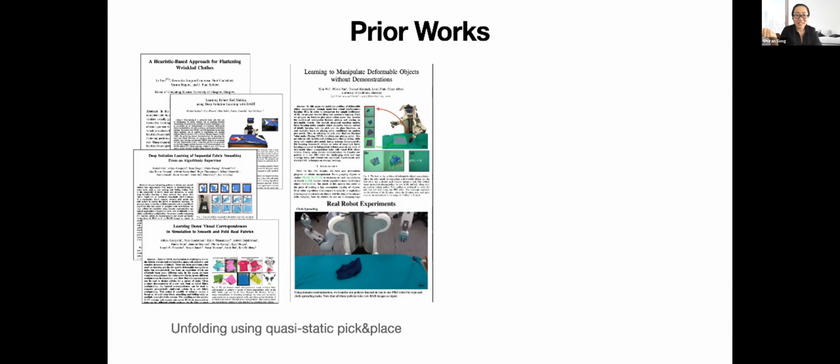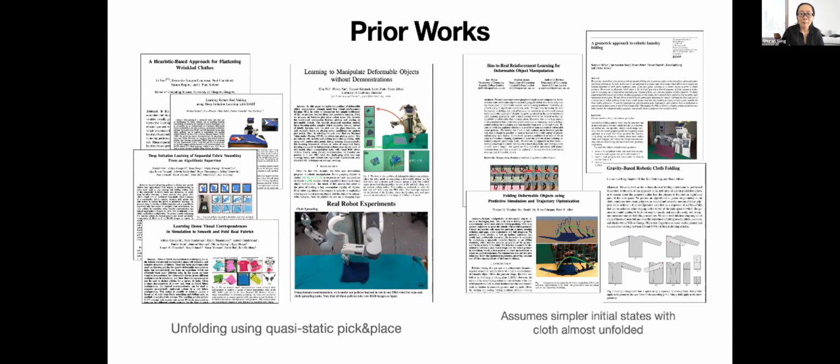Here is an example of a robot that takes more than 100 steps to unfold this very small piece of cloth. As a result, many works in cloth manipulation consider a much simpler case where the cloth is almost unfolded and its key features are already visible in the initial state.